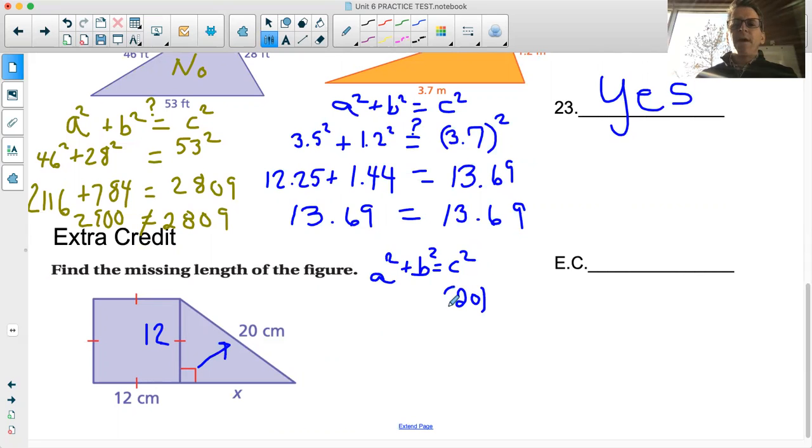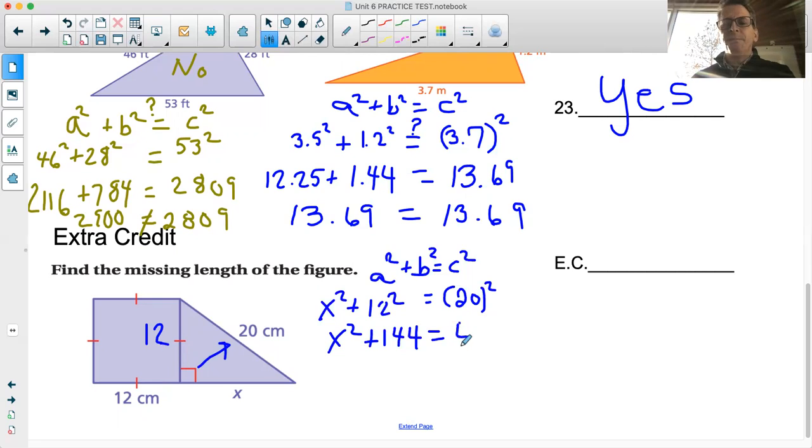We're going to square that, and that's going to equal one of our legs, x squared, and the other leg, 12 squared. So solve for x. We first take 12 and square it, 144. Then we take 20 squared, 20 times 20 is 400.